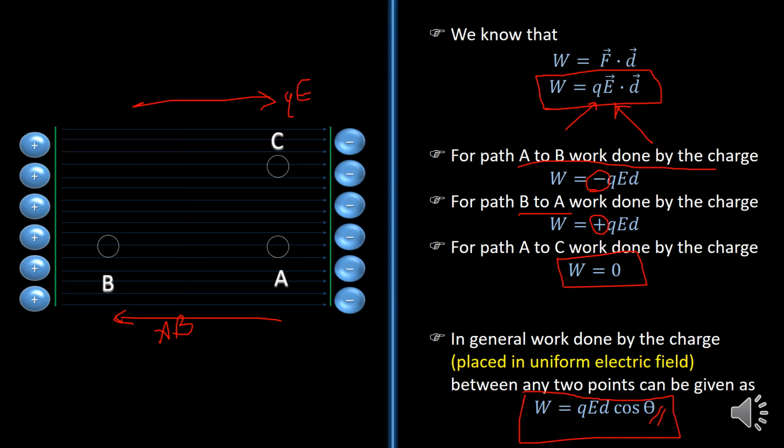Now this is about moving charge in uniform electric field. What if the electric field is not uniform? Most of the time we'll be dealing with the condition where electric field is not uniform. What do we do then? Now let's talk about moving charge in non-uniform electric field.